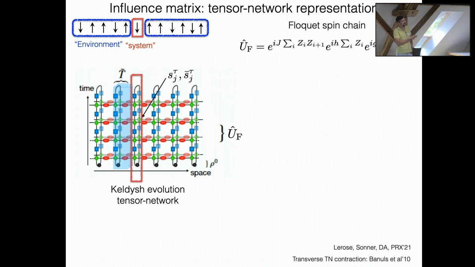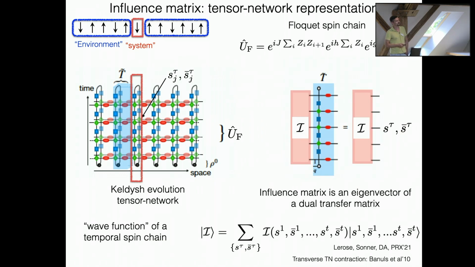And effectively, what we have to do to compute the influence functional here is trace out the environment, so all the spins here or here, right? And that's going to give us this tensor that depends on the states, on the trajectory of my system.